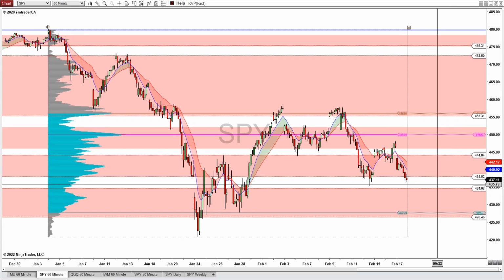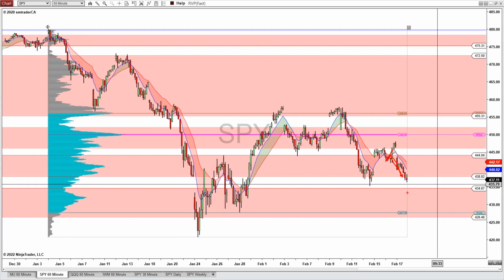The downside scenario is that if it comes into this zone, we're looking for the price to retrace back down to the lower edge of the zone, if it's unable to get back above it, basically coming back into the zone and trapping in the zone.